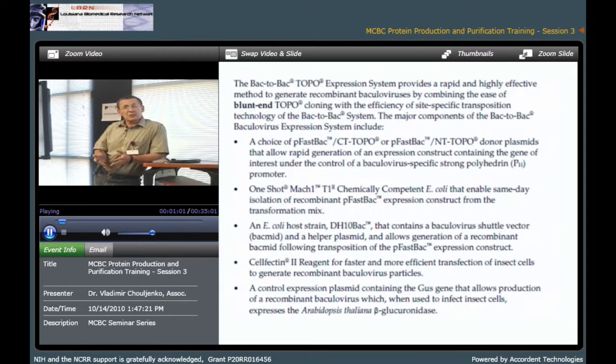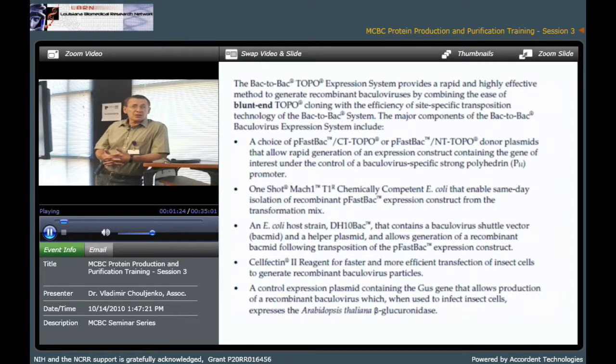Both of these vectors allow rapid generation of expression constructs containing your gene of interest under control of a baculovirus-specific promoter. Typically the system comes with chemically competent cells, in this instance One Shot cells, but the cell type is irrelevant at this point because any competent cells can be used.